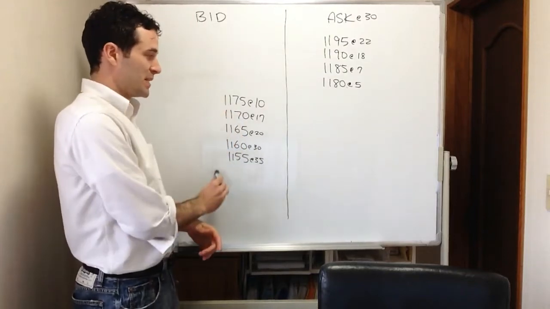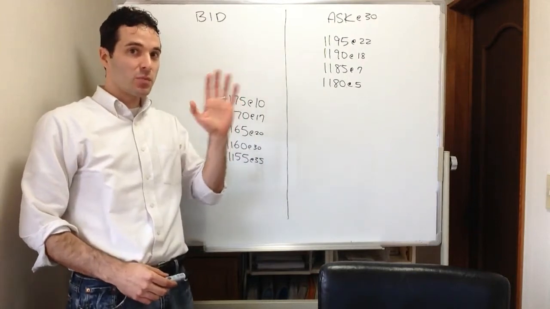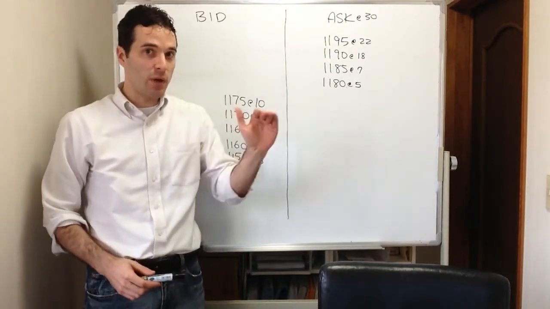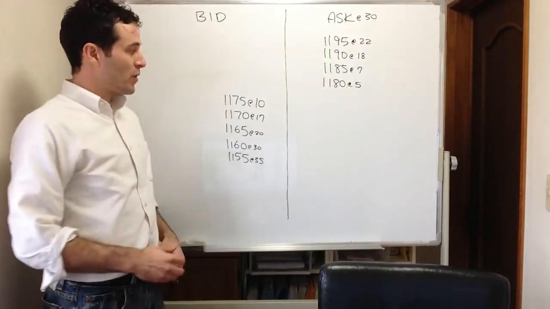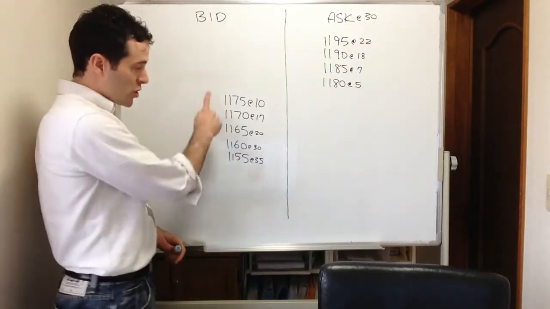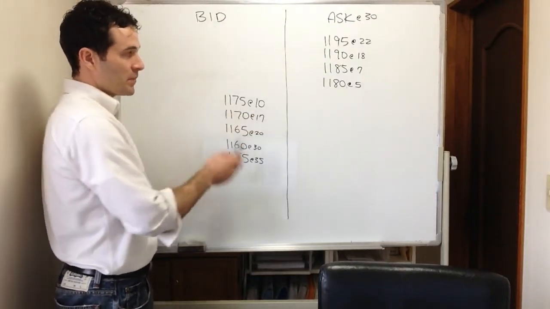So this is called the bid stack. This is the place where people are raising their hand saying, I'm willing to buy it for this price. They've already put their order in saying, I'm willing to buy it at this price. And if somebody were to dump a number of contracts, then it would just go through all of these right here.